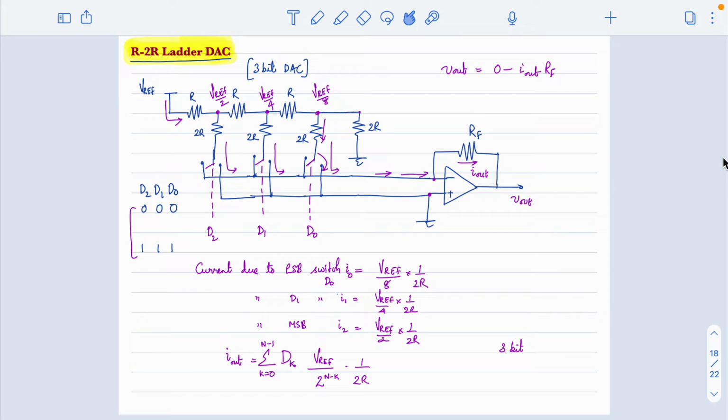This is a simple DAC where you have to get the current, and based on that current you can write the output voltage expression. So let us write one numerical.